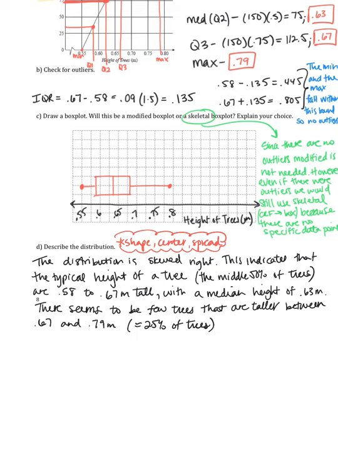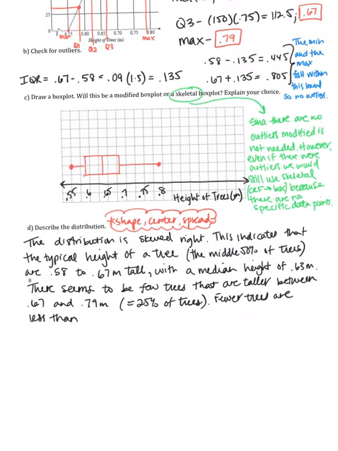Okay. Fewer trees are less than, what is that value? It's 0.58.